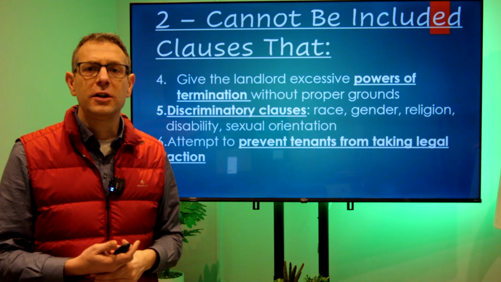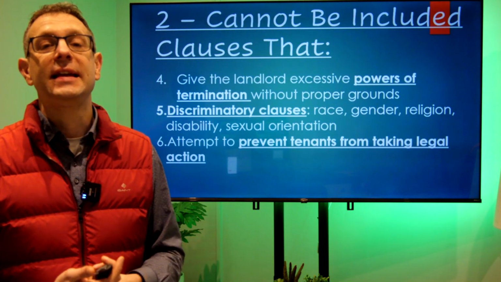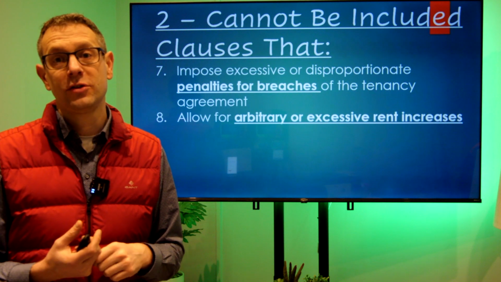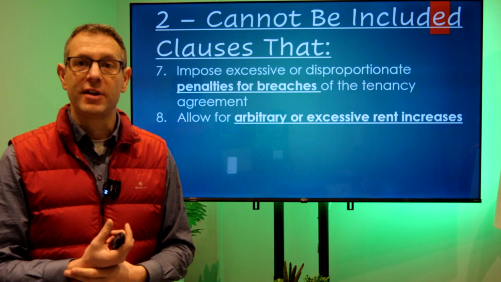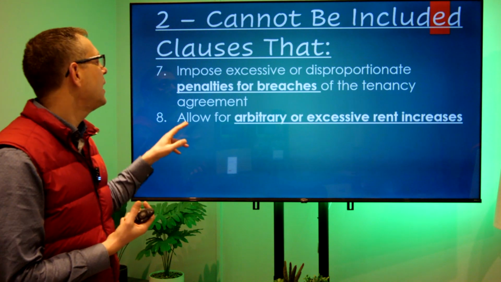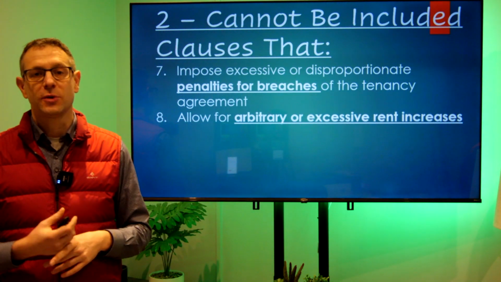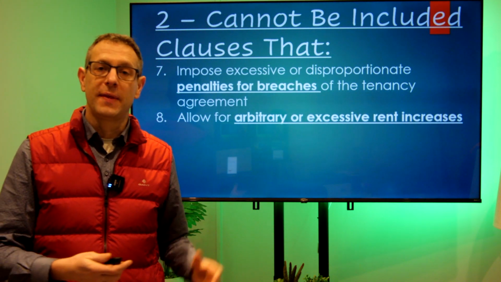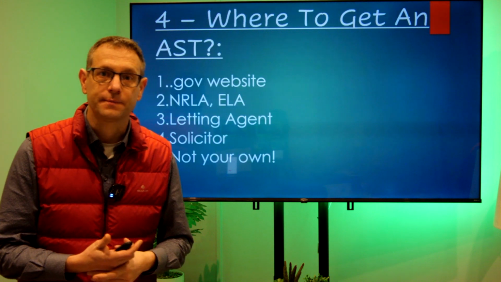And you can't include clauses that attempt to prevent tenants from taking legal action. A couple more, you can't include clauses that impose excessive or disproportionate penalties for breach of tenancy or allow for arbitrary or excessive rent increases. We've got different videos on how to increase rent in this series, but that's the flavour for what the things you can't include in your tenancy agreement.